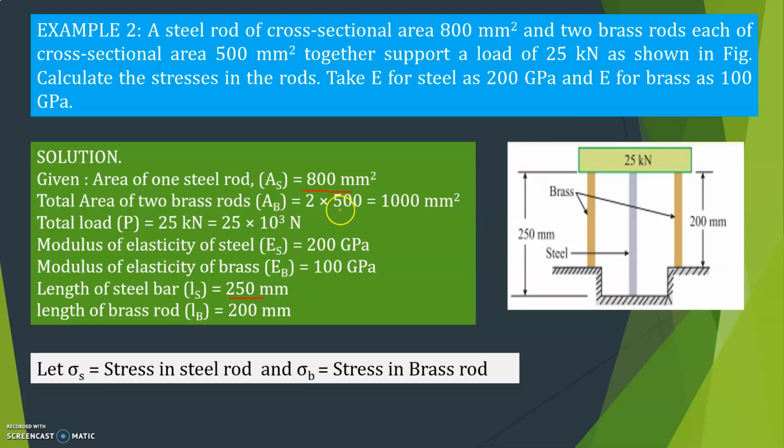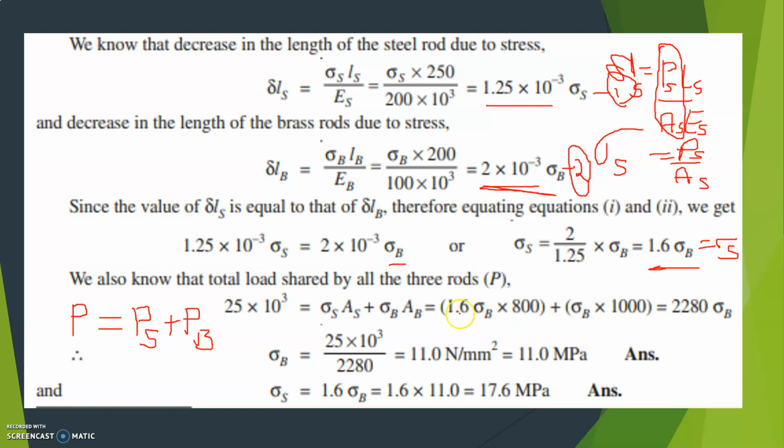What is the area of the brass rod? Two brass rods are there, so 2 into 500 is equal to 1000. So substitute. So only one unknown, that is sigma B. When you simplify this, you get sigma B is equal to 11.0 Newton per millimeter square, or 11 megapascal.